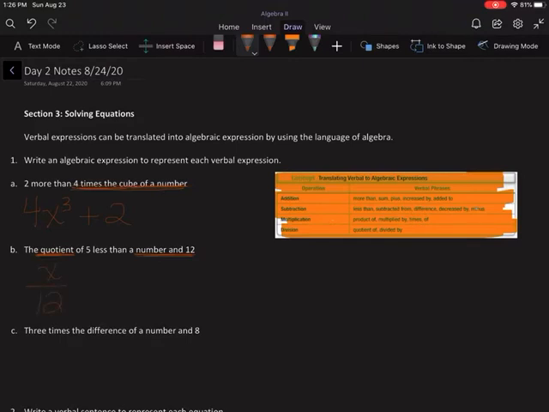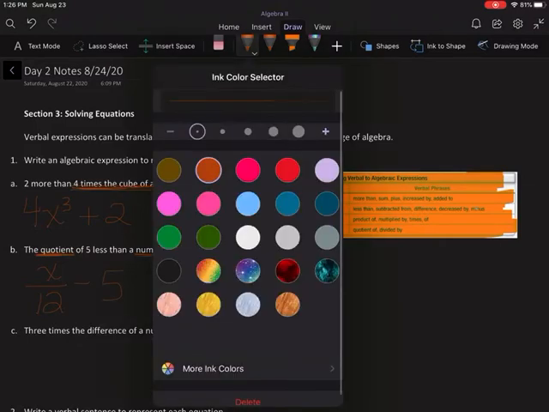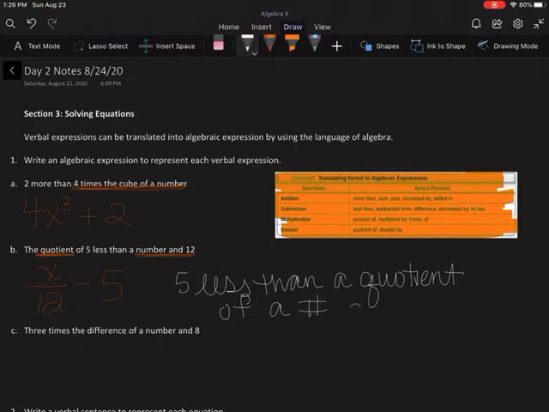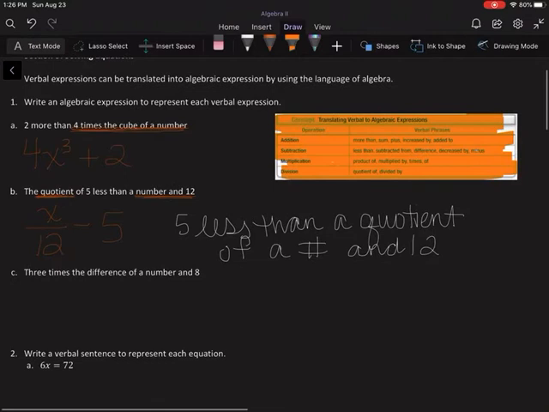So quotient means division, and 5 less than that quotient. A better wording for that would be 5 less than a quotient of a number and 12. Again, I'm not going to try to trick you, but that was a difficult one.